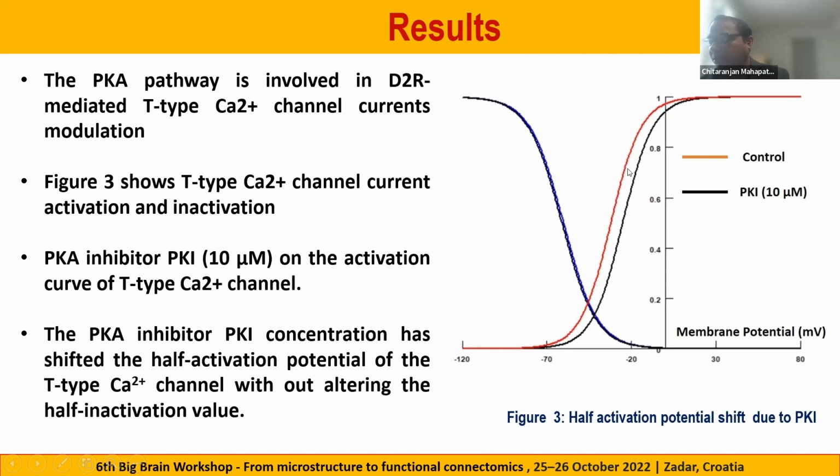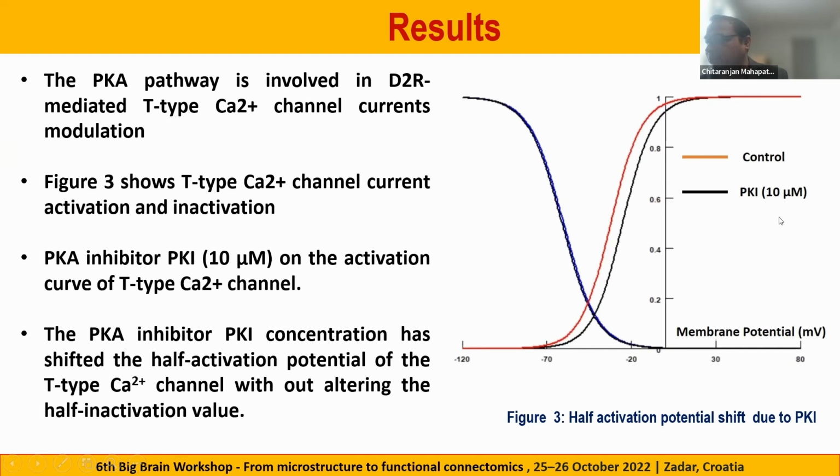So when we are applying the PKI of 10 micromolar, the black, the red is the control. For the steady state activation, this activation is shifting to the right hand side. Right hand side means the T-type channel threshold is increasing, and the activation of the T-type calcium channel is increasing with PKI of 10 micromolar.